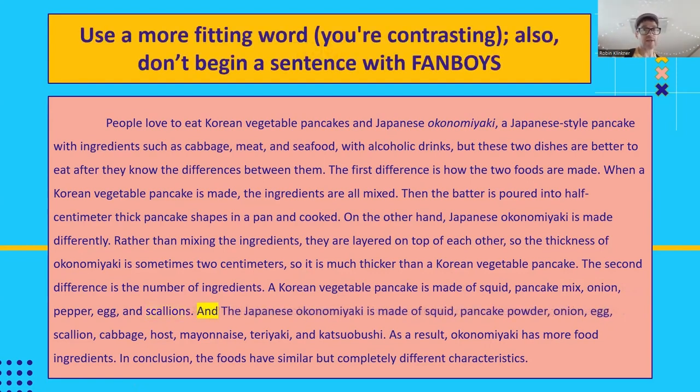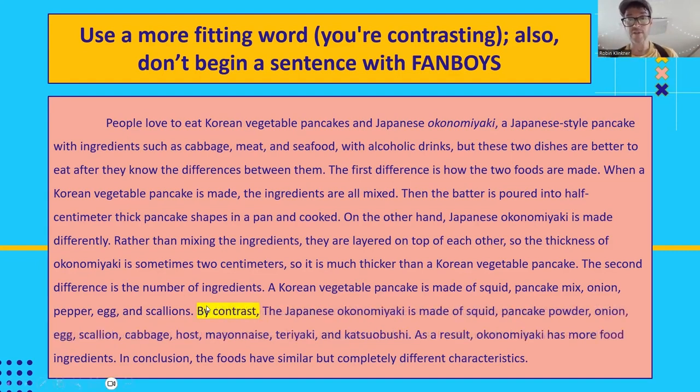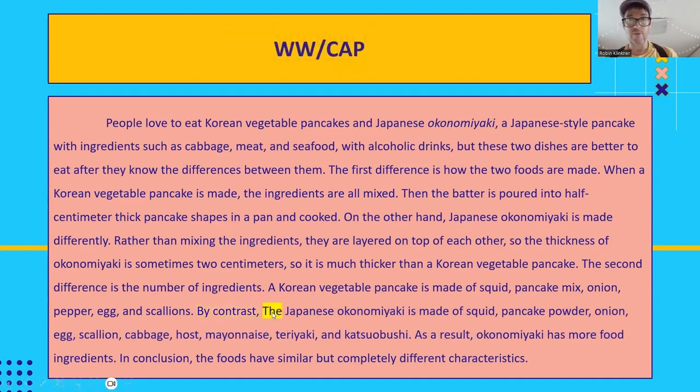Again, let's not begin with fanboys, but also, and isn't even the appropriate word here. We want a contrasting word. So the fanboys would be but, we don't want to begin with but. So by contrast, so wrong word. So the should become lowercase, and capitalize means make it lowercase.